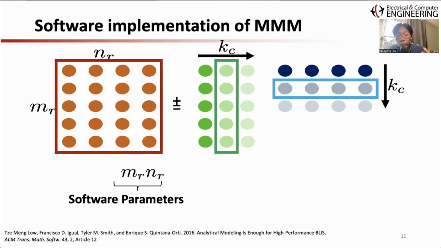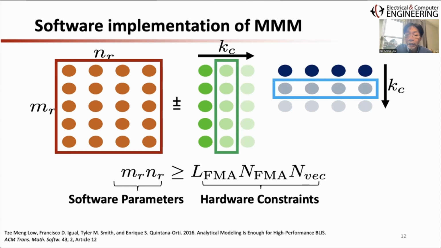As such, you know that in order to compute matrix multiply, your two parameters, MR times NR, which is the size of the output, has to be greater than or equal to the hardware constraint.